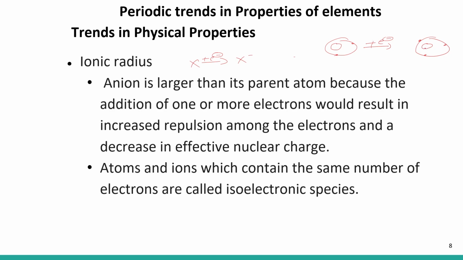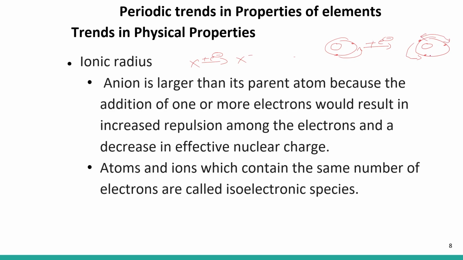The first thing that will happen is that this electron will now experience less effective nuclear charge, because the number of protons is the same, but the number of electrons is increased, and further there is increased repulsion between these electrons. Okay, so there were 2 electrons initially, now they will experience more repulsion.